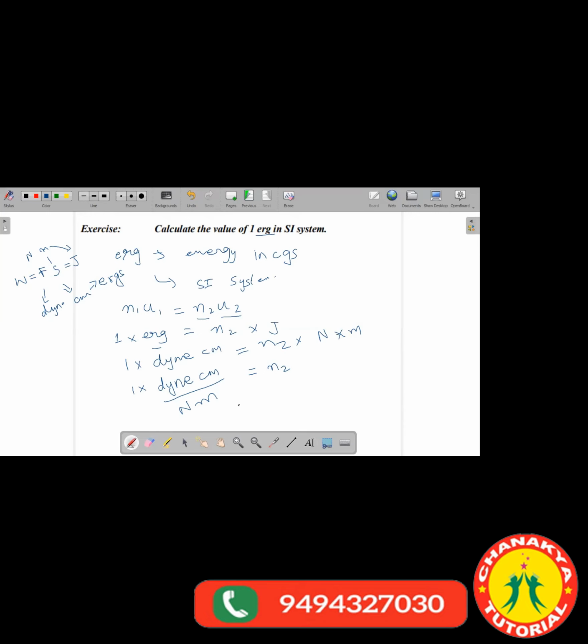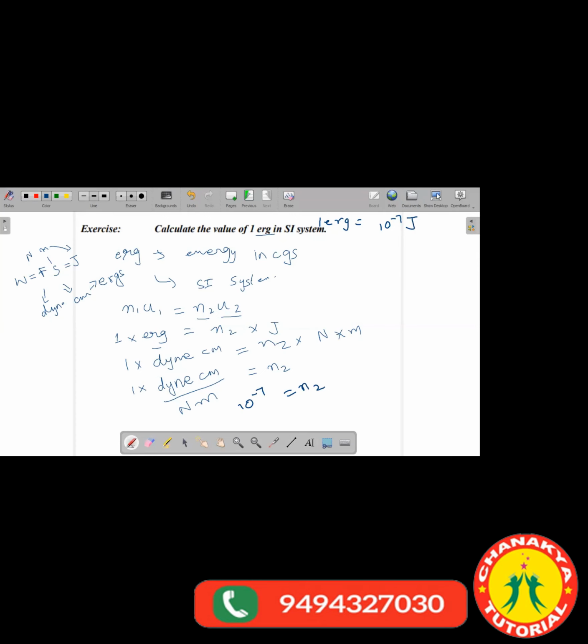Yes, sir. So I can write 10 to the power minus 7 equal to N2. So I have got my answer that 1 erg will be equal to 10 to the power minus 7 joule. Got it? Yes, sir.